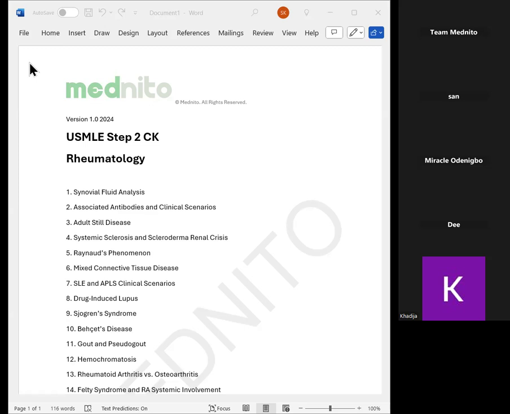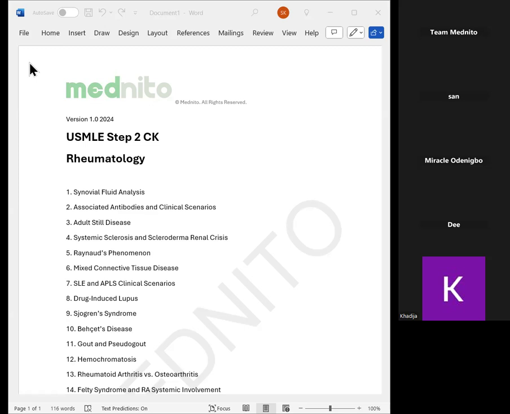In osteoarthritis, which is a non-inflammatory arthritis, the synovial fluid will be clear. The WBC counts are not that much raised, so in the question you'll find at least 700 or 1200 WBCs on synovial fluid analysis. The polymorphonuclear cells will still be low compared to inflammatory arthritis. This is what I want you to remember.